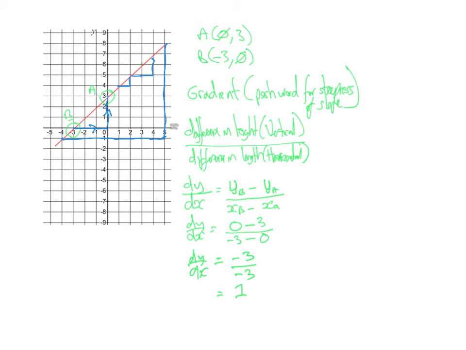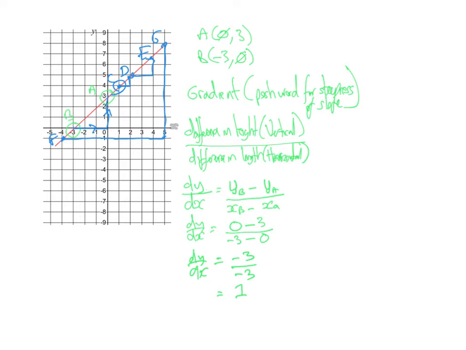So no matter which 2 points you pick, so we could have points C, D, E, F, G, the gradient between any of those 2 points will always be 1, which means that the difference between the y components of those 2 points divided by the difference of the x components will always be 1.